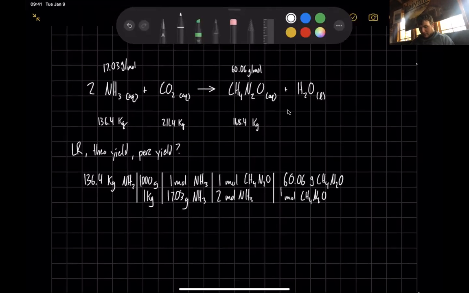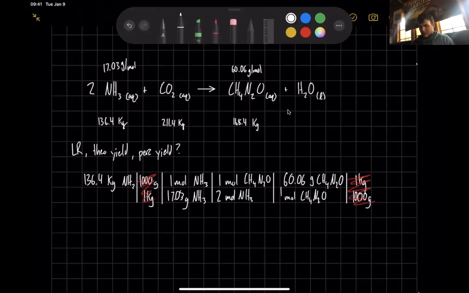Okay, so pulling out the calculator. 136.4. Oh wait, one last step. Because everything else is in kilograms, we'll convert back to kilograms. 1,000 grams is 1 kilogram. If you do notice, we have a conversion here and here that undo each other, so on the next one I just won't work that.